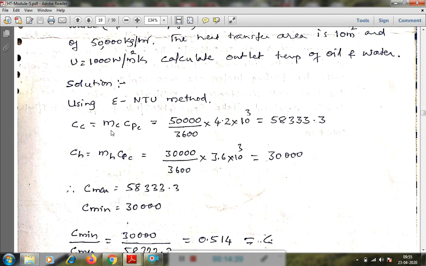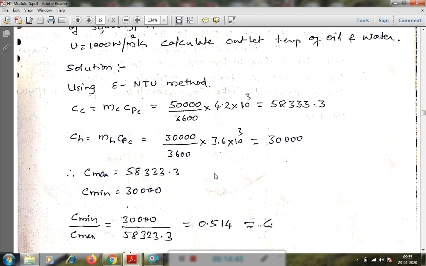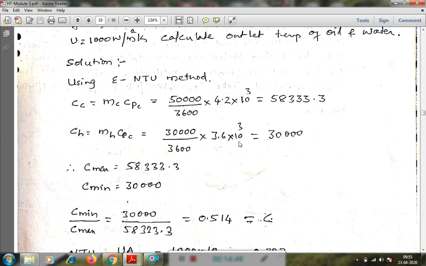For the cold fluid, the capacity rate is 50,000 by 3,600 into 4.2 into 10 raised to 3, which is 58,333.3. Then CH is equal to MH CPH, that is 30,000 by 3,600 into 3.6 into 10 raised to 3, which will be 30,000.